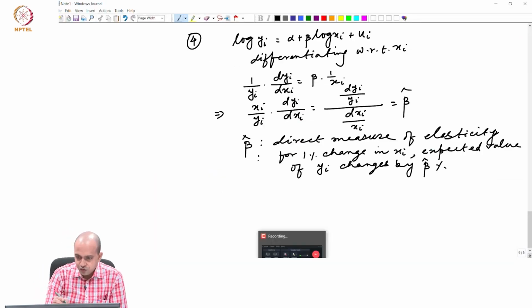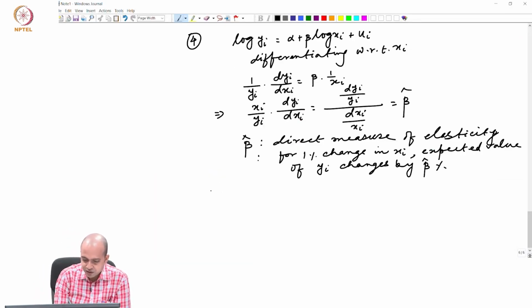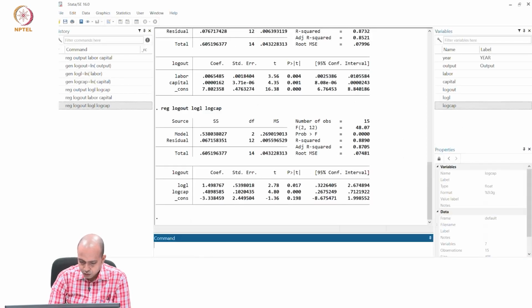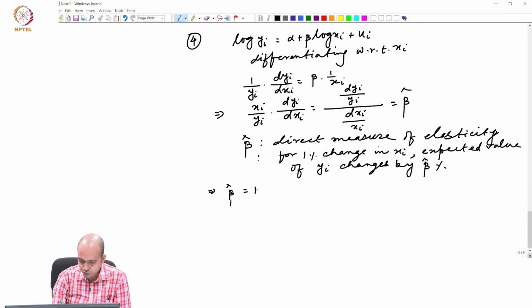So, from this we can say the interpretation is: the coefficient of labor, beta 1 hat, equals 1.49.